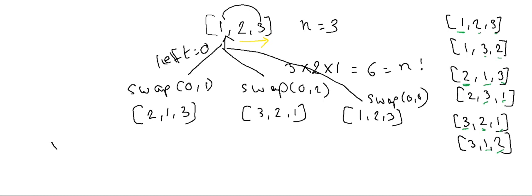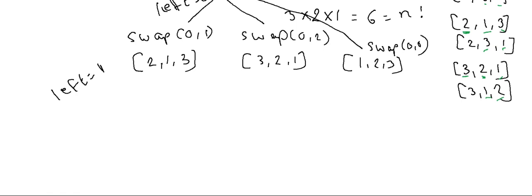Alright, so now I'm going to move on to the next position, so I'm going to increment left, and now it's going to be 1. My left pointer is pointing here, and I'm going to swap this 1 with itself and then 1 with 2. So I'm doing the swapping for the second position with the elements to its right.